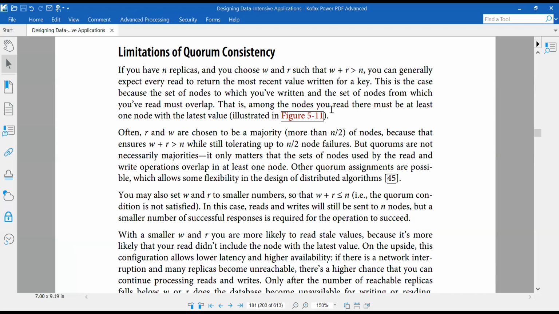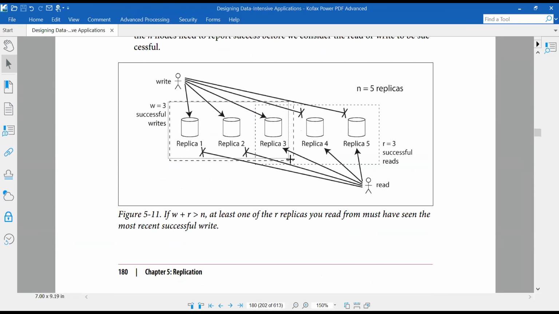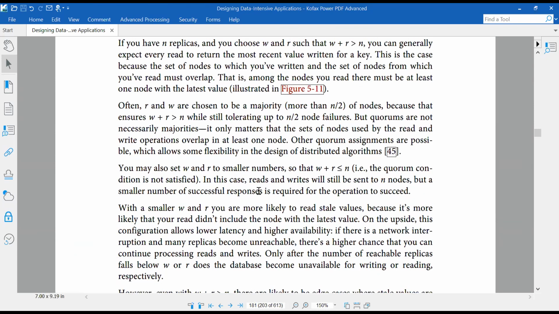That is, among the nodes you read, there must be at least one node with the latest value. If the read is happening from these 3, maybe 1 or 2 can be down, but 3 has to be running. In that case, at least 1 should be available with the latest value.